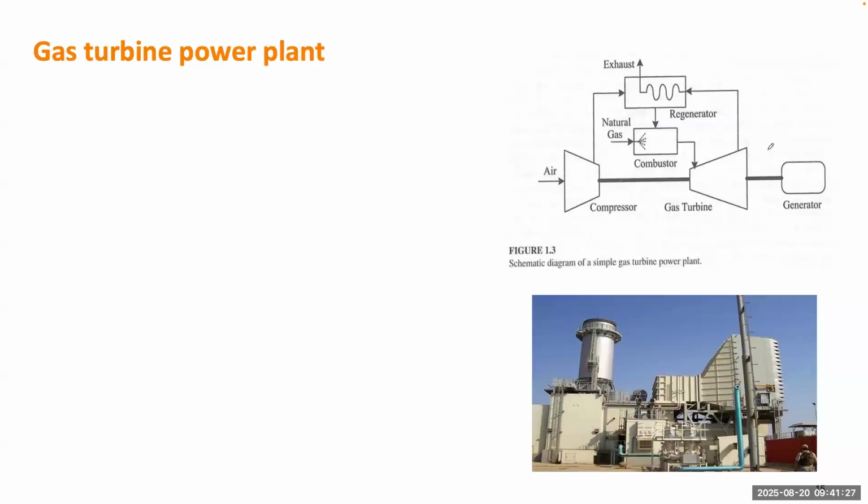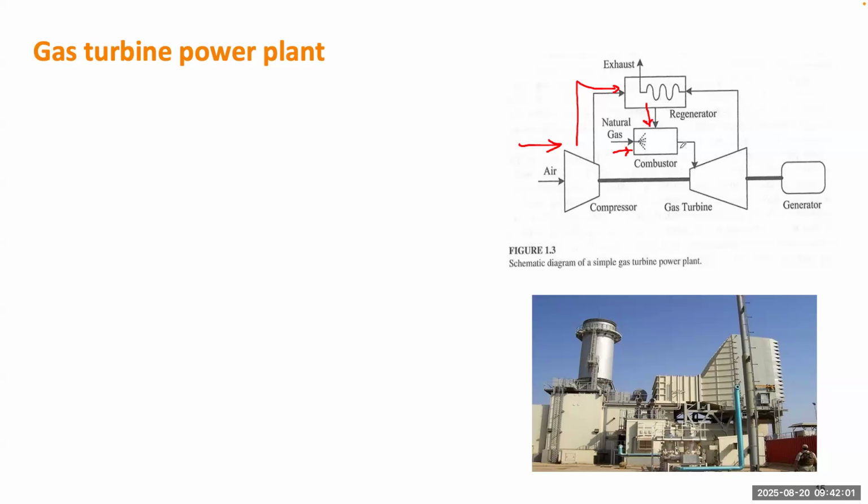Next, we talk about the gas turbine power plant. The gas turbine power plant can have a much smaller size. You see this person standing next to the power plant, because the idea is basically just like a jet engine. Air goes through this compressor and becomes compressed air, goes through this tank, and is mixed with the natural gas, which is the fuel. Combustion happens here to generate very high pressure, high temperature gas, which then drives the gas turbine.